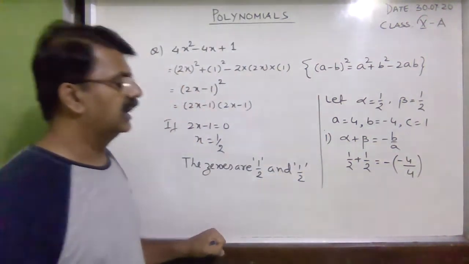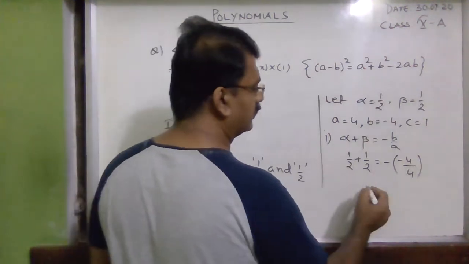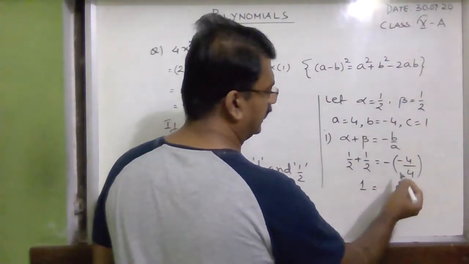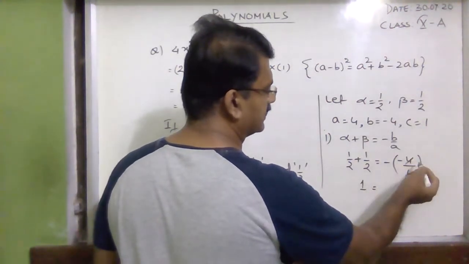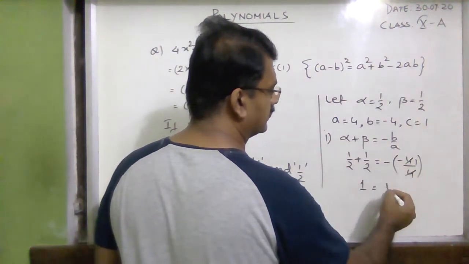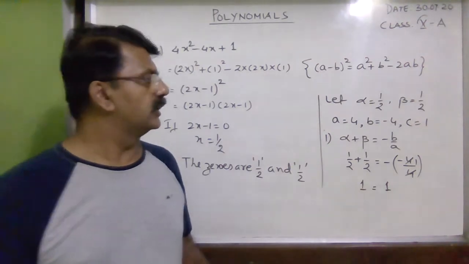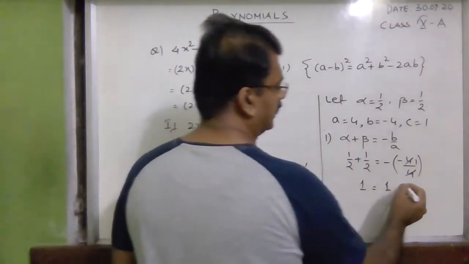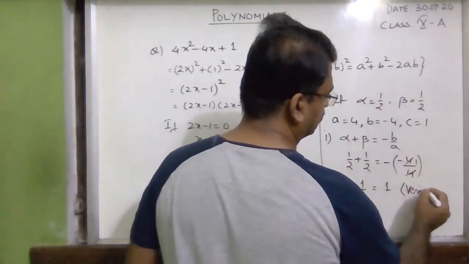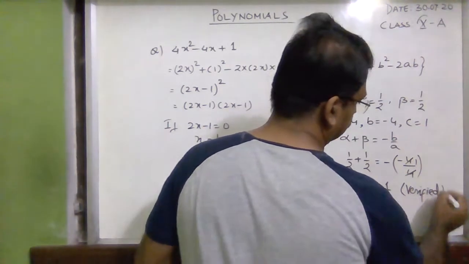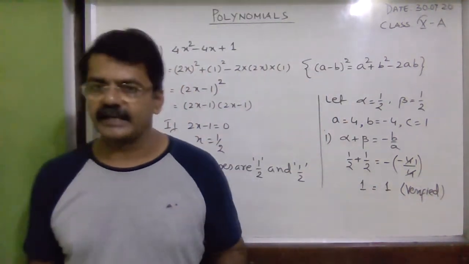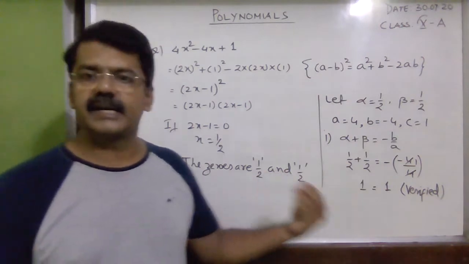Now you know that 1 by 2 plus 1 by 2 is nothing but 1. Here also 4 cancels out. Minus into minus is plus, so 1. So you can see the left hand side and right hand side both are 1. So the first relation is verified, as we are getting the same thing on left hand side and right hand side.